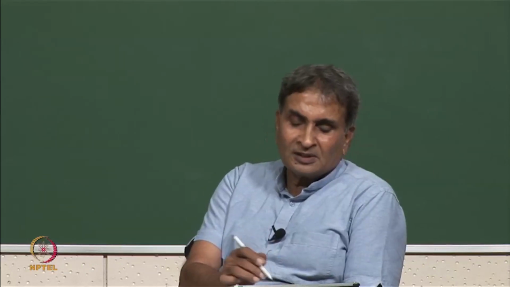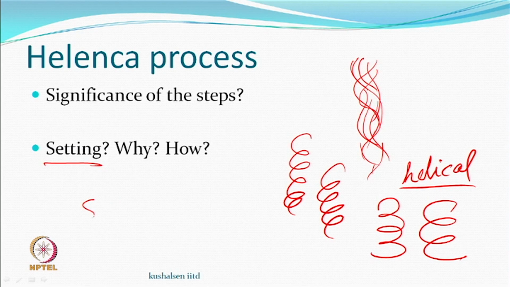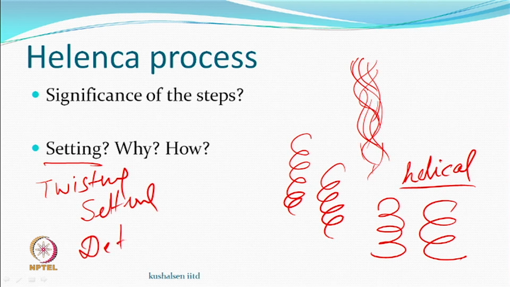We therefore have significance of all the three steps, which we said: twisting, setting and detwisting. And if this is what we do, we will get a textured yarn.